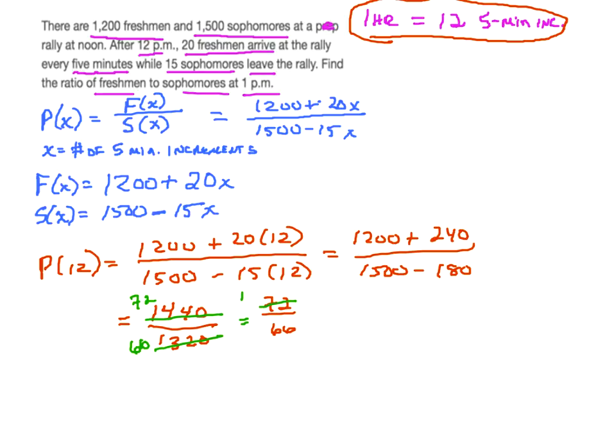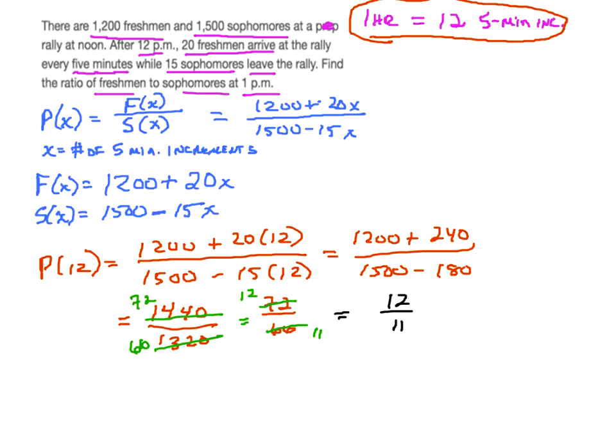So right now, I have 72 over 66. They're both even, and they both have a factor of 6 in them. When I divide 72 by 6, I get 12. And when I divide 66 by 6, I get 11. So this says 12 over 11.